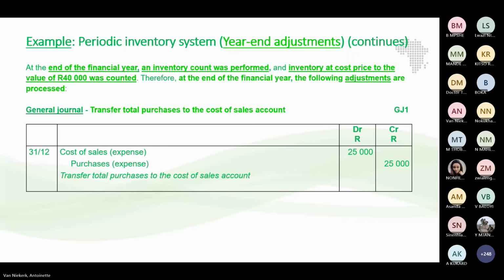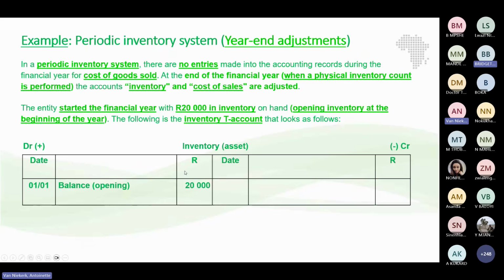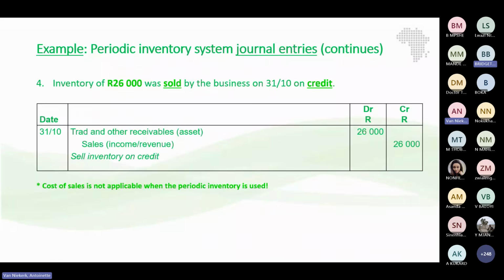Oh, yes, something is actually bugging me. Can we just go back a bit with the last example that we did in terms of making a sale on credit? So what happens when the client eventually pays?